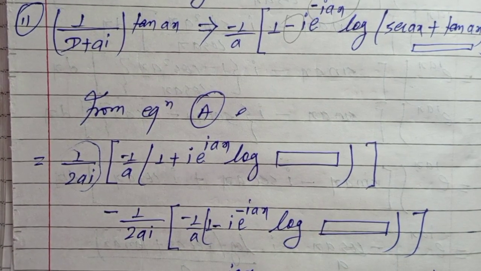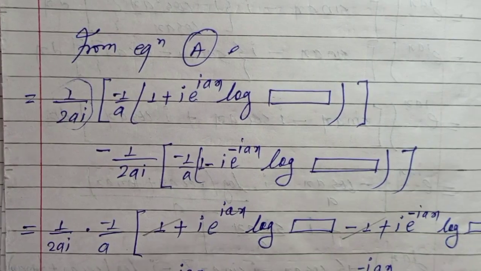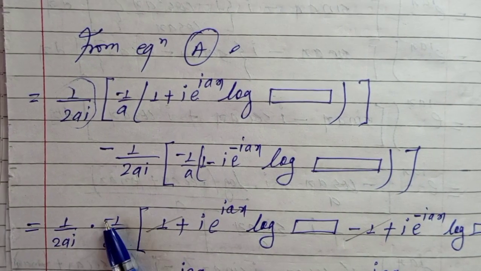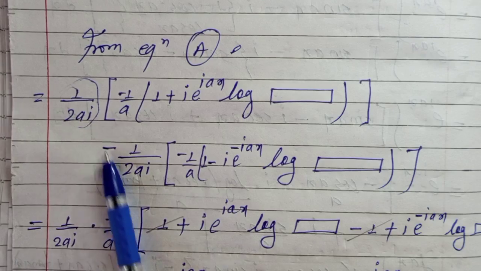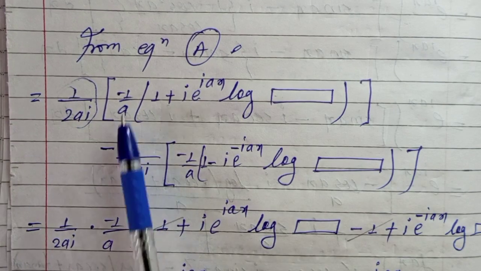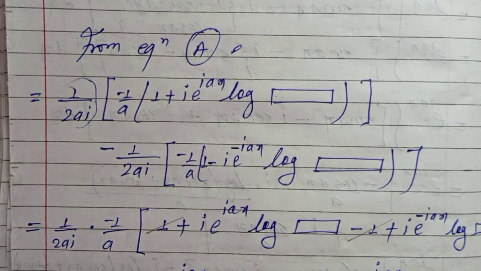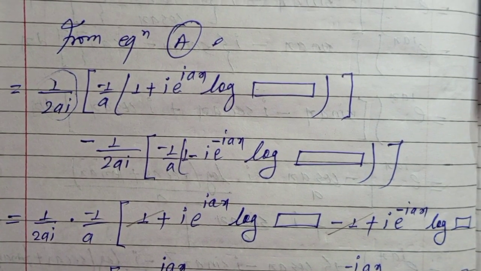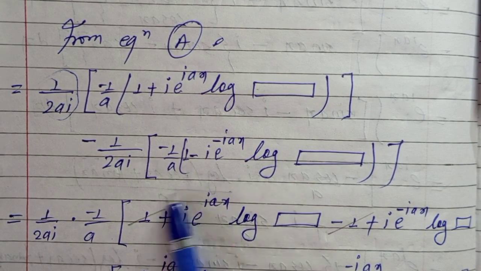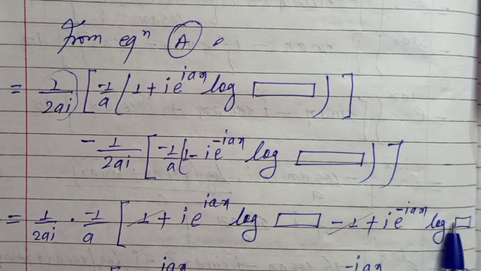Then after expanding, from both sides we are going to take out common 1 by 2ai, and minus 1 by a, so that on taking both common, we are going to get this expression, 1 plus this and minus this.